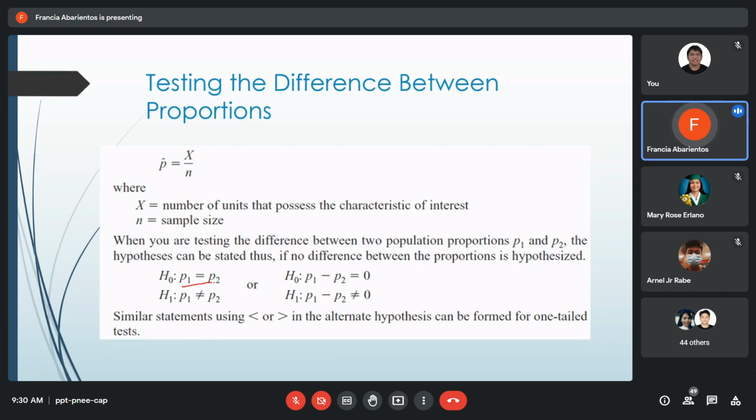So, ito most likely, we can make use of this null hypothesis, stating your null hypothesis as well as these two, the alternative hypothesis. And similar statements using less than or greater than in the alternative hypothesis can be formed for a one-tailed test. Pwede yun, class.